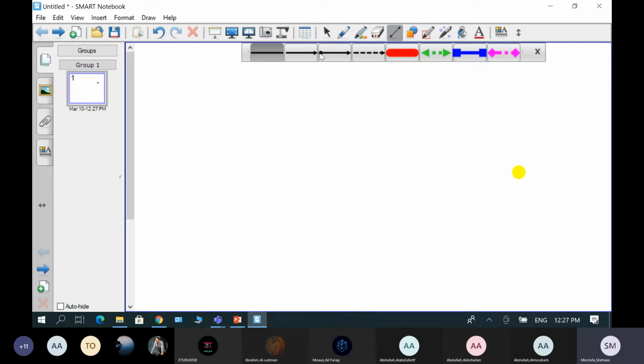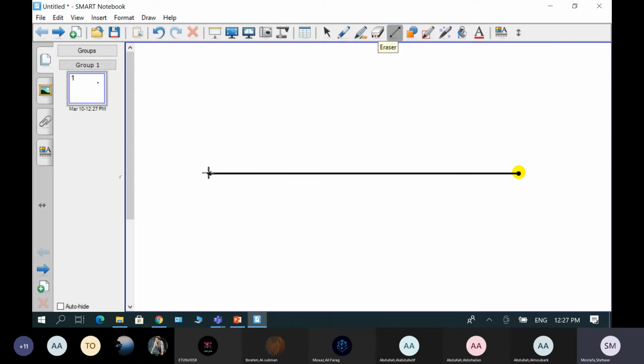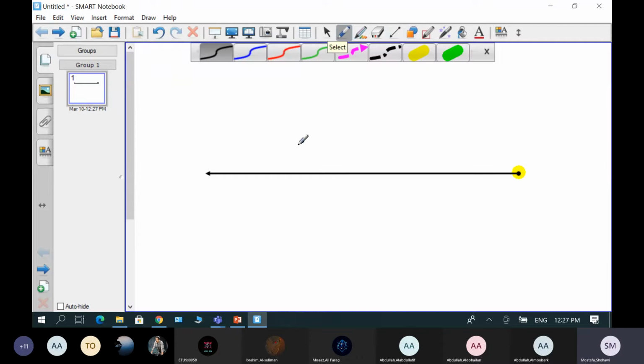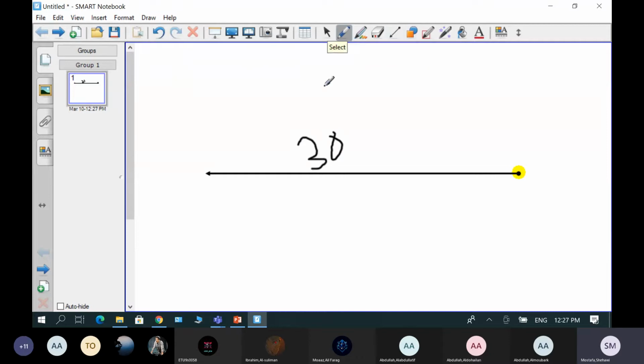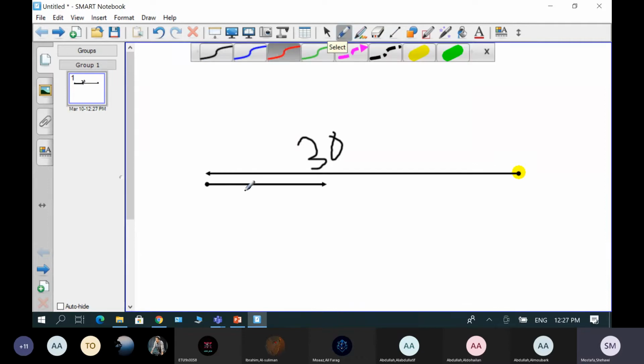And you traveled west, starting from your home, 30 miles. Then you start to go back home from here, 10 miles. So you go back 10 miles.